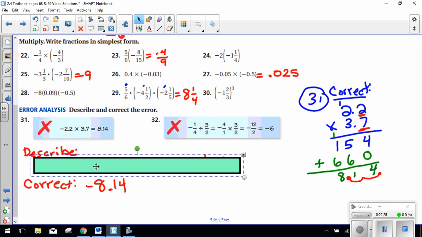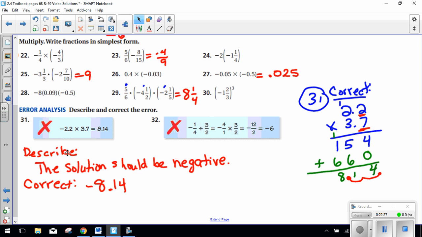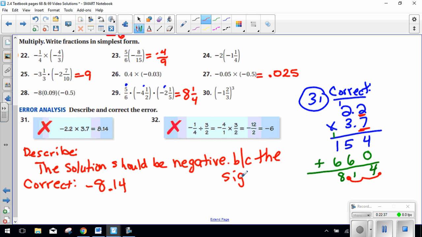The solution's negative. So the describe part is the solution needs to be negative, and you could even add in because the signs are different. Okay, and the correct solution, well, here's all the work, and the final answer is right there.